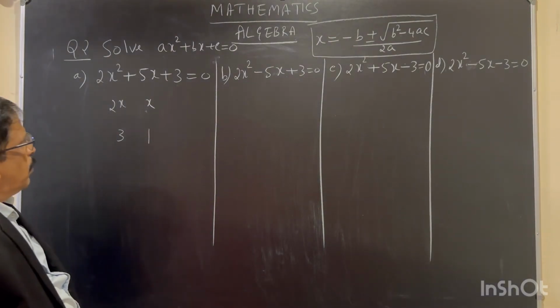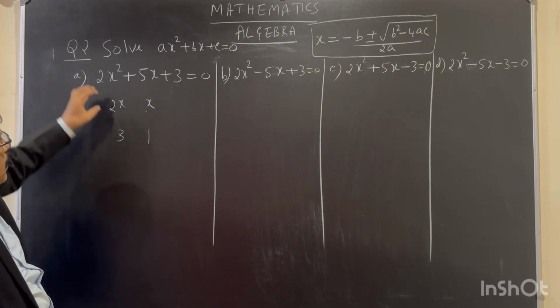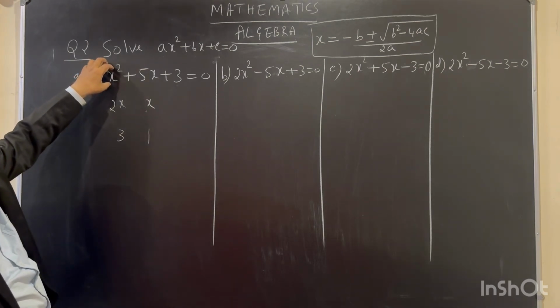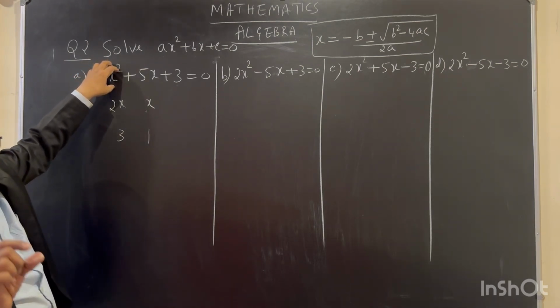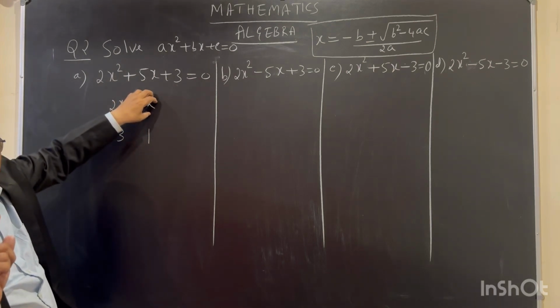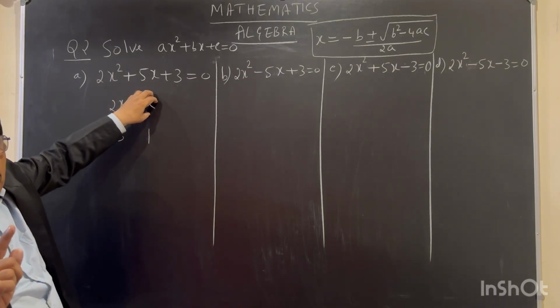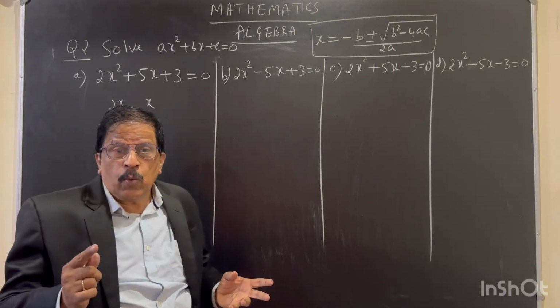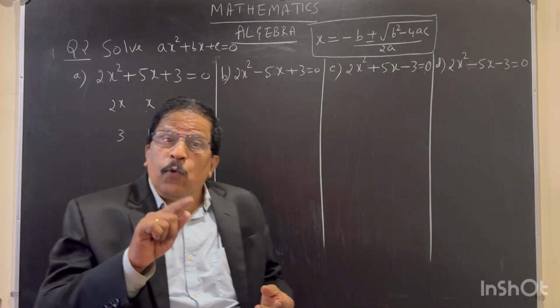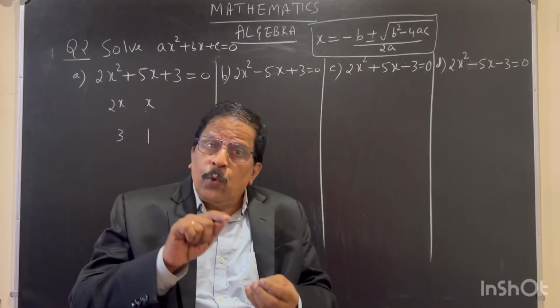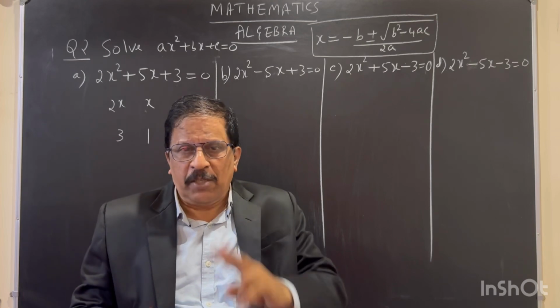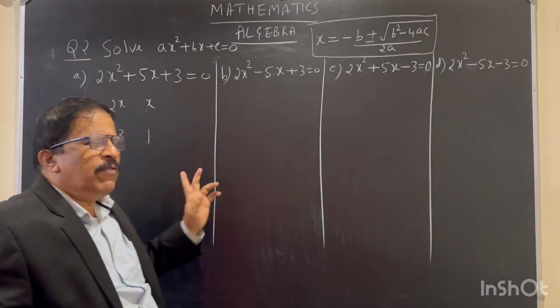In these types of problems, what I do is, I split this. I write this 2x square as the product of 2x into x. That is the only one table we have. If it were 4x square, I would have written it as 4x into x or 2x into 2x, 2 possibilities. Here there is only one possibility.